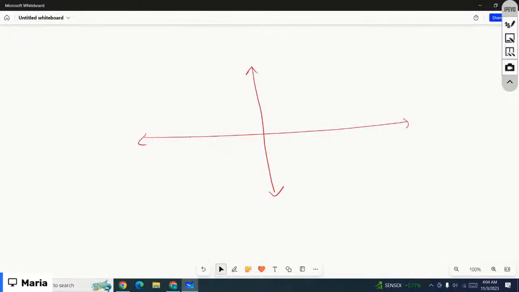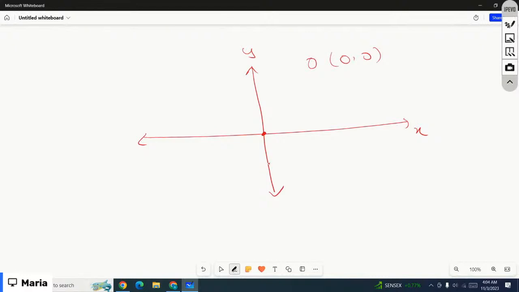Here is the coordinate plane. The horizontal axis is x-axis. The vertical axis is y-axis, right? The intersection of x-axis and y-axis is the origin. Here both the values are 0, 0, right?